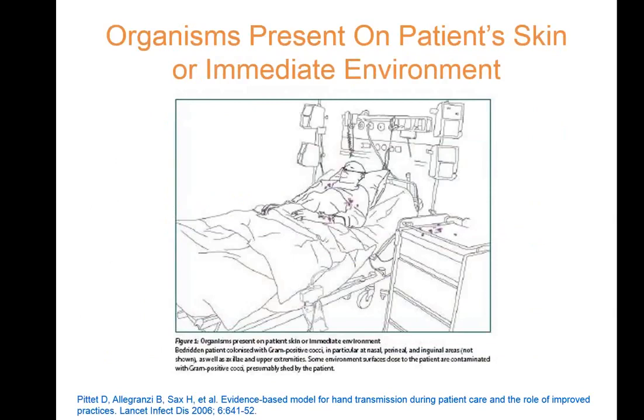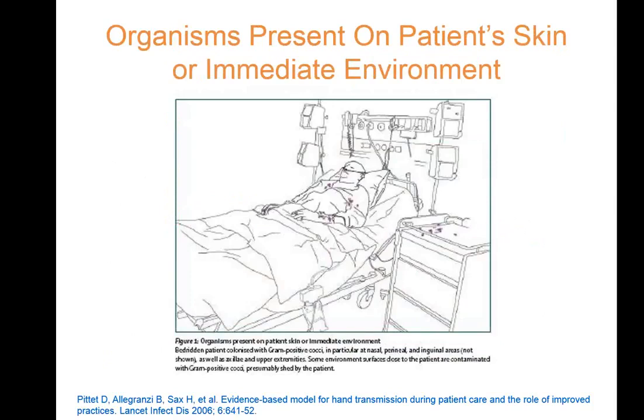And if you look at this slide again from some of the experts at the World Health Organization, they used a very simple graphic. And here in the areas that are marked red, we can see that organisms are always present on the patient's skin and on the immediate surroundings of the patient. The patient's constantly shedding organisms.